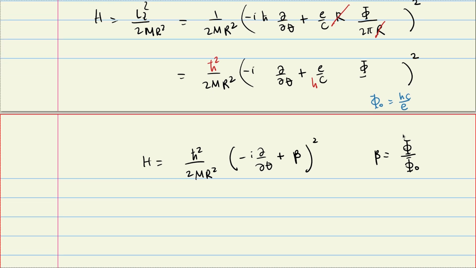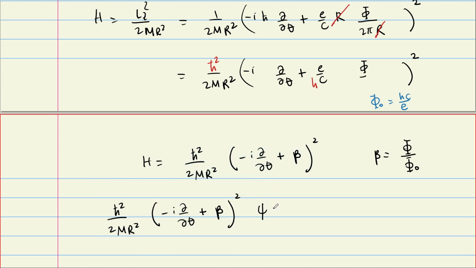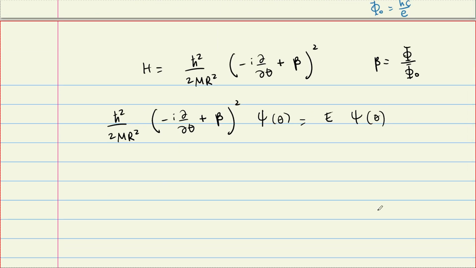Now I want to find the eigenvalues and eigenfunctions of this Hamiltonian operator. So we have to find this acting on some phi, which only depends on theta, equal to E times psi of theta. We can try an ansatz of the form e to the i gamma theta, but from the periodic boundary conditions this should be equal to e to the i gamma theta plus 2 pi, right?